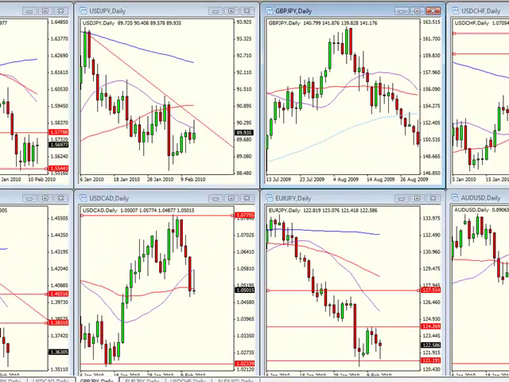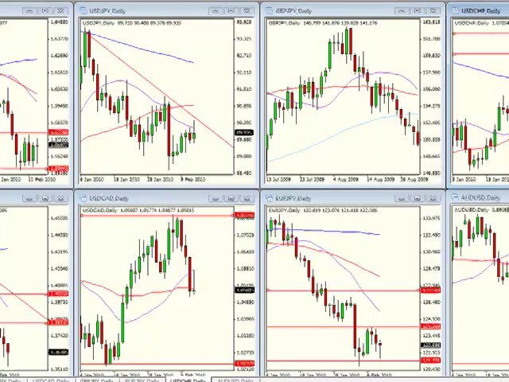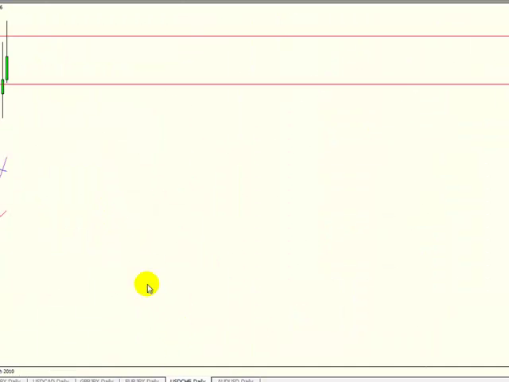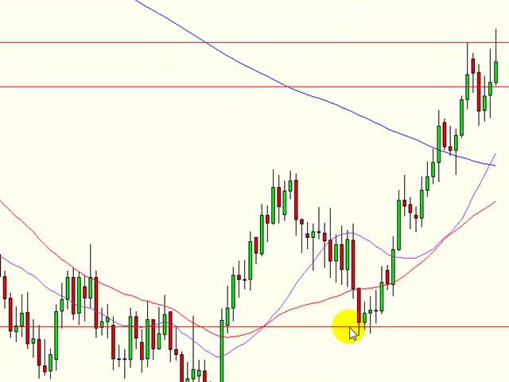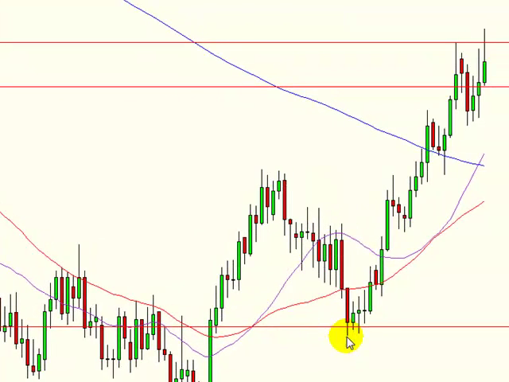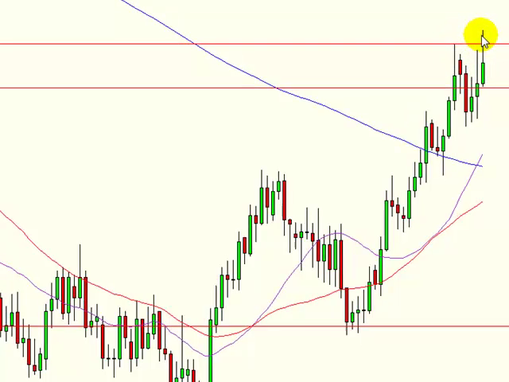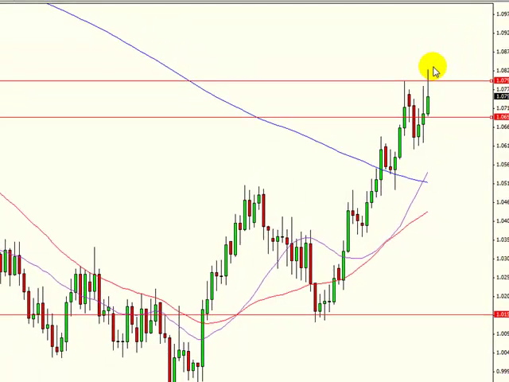And lastly, the US dollar Swiss franc. US dollar Swiss franc has moved up dramatically from the 101 level right here, since early January. It moved up and it's now testing 108. It bounced off the highs at 108 and dropped down.